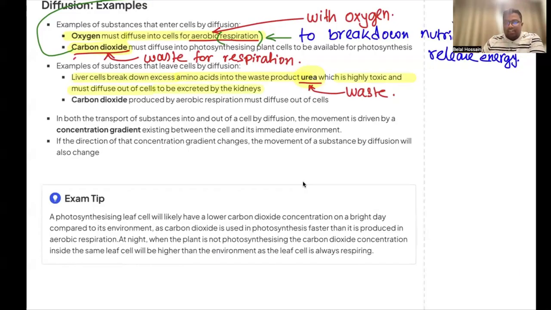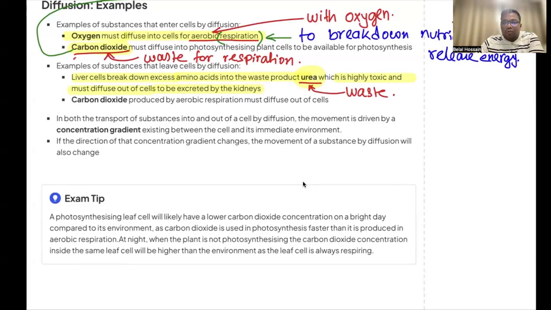This is something that you have always heard of: drink 2 liters of water every day, and if you don't, you're going to have a very bad time with your kidneys, because your kidney must excrete urea, and to do that it needs a lot of water.